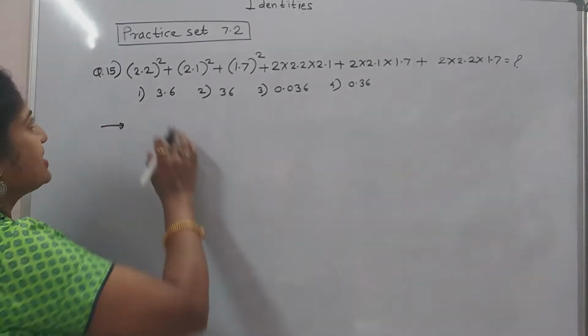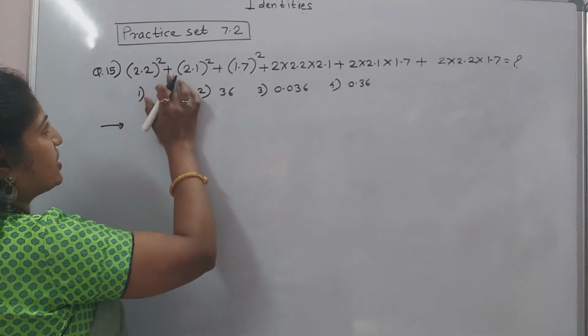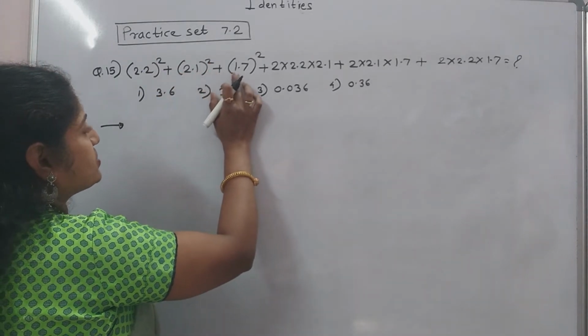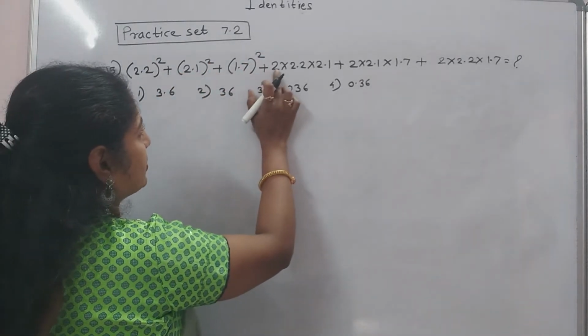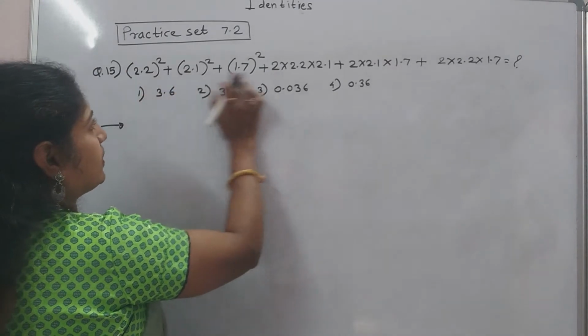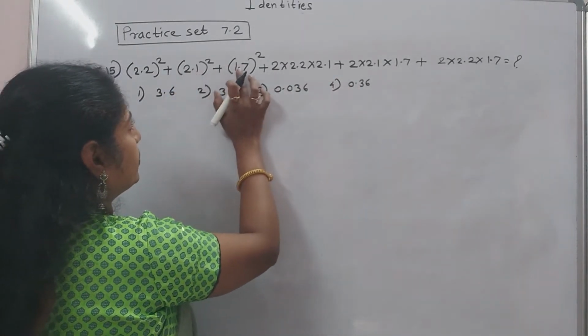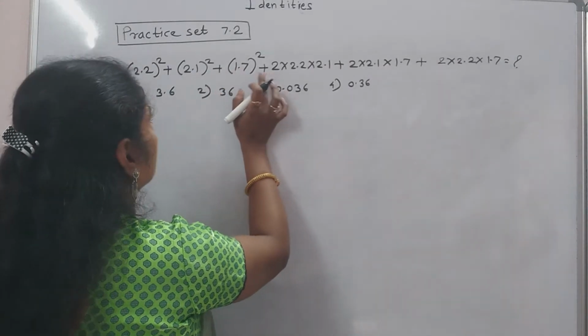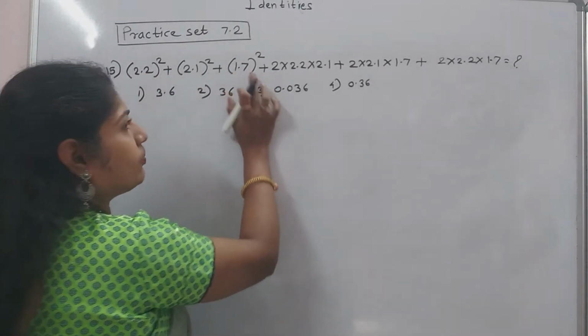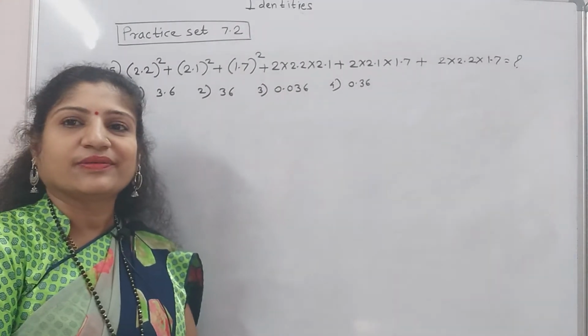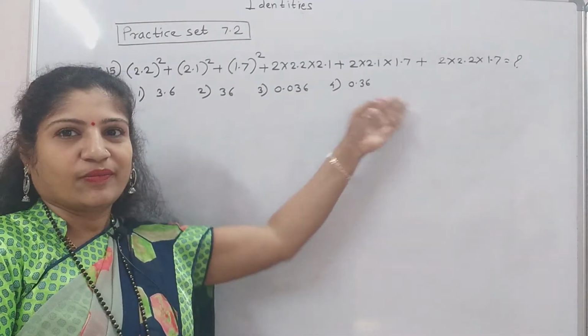Next example: (2.2) square + (2.1) square + (1.7) square + 2 into 2.2 into 2.1 + 2 into 2.1 into 1.7 + 2 into 2.2 into 1.7. What is the answer? So long.